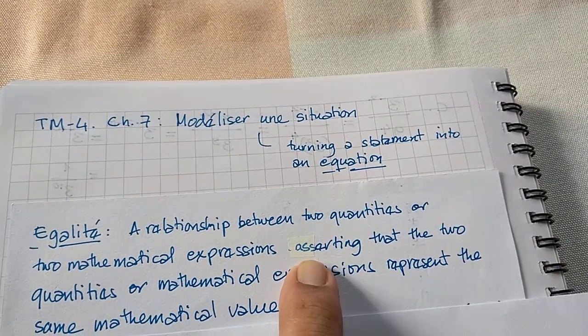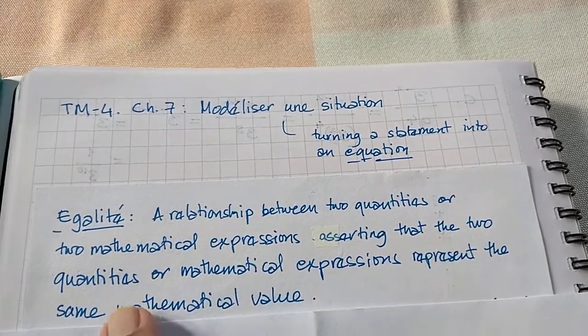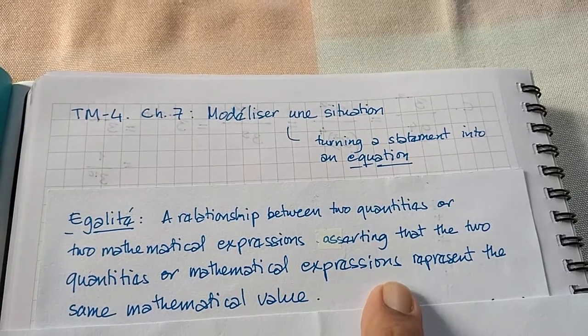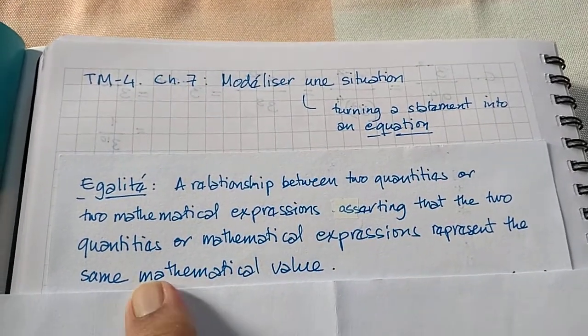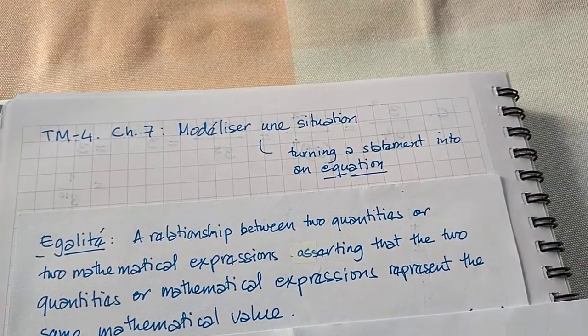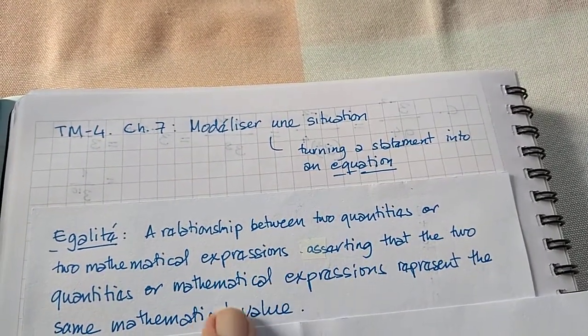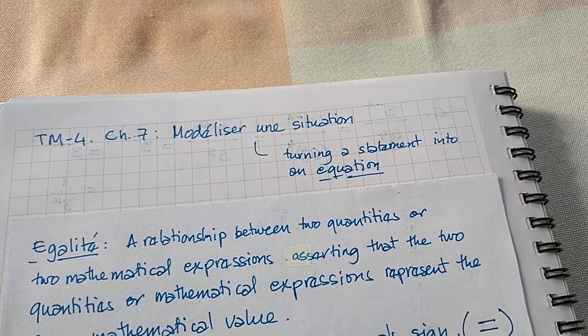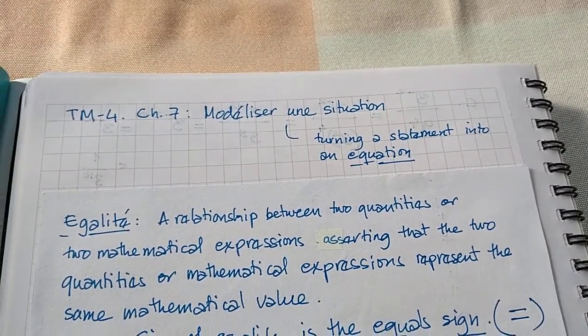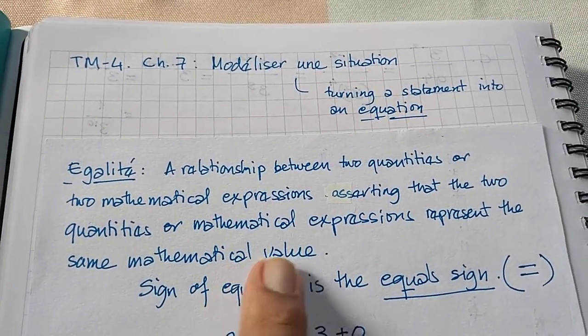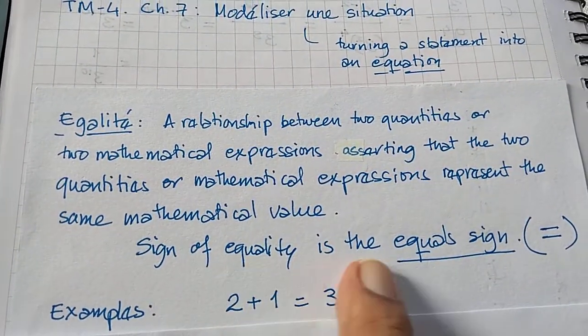Which states that the two quantities or mathematical expressions represent the same mathematical value. This is a complicated way of saying that two things are equal.